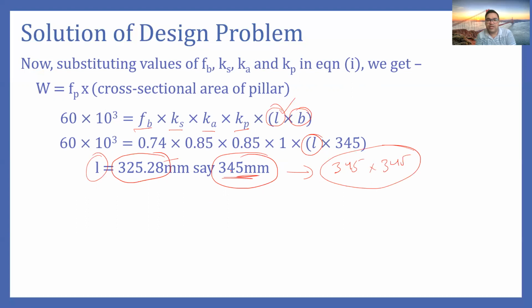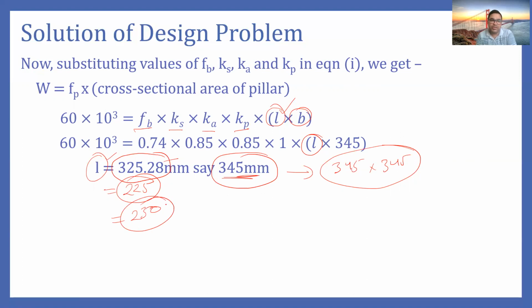Now had this value of L been lesser than 230, say it was 225, in that case we again have to increase this value to a multiple of 115, so it becomes 230. In that case our problem would be reversed. How?